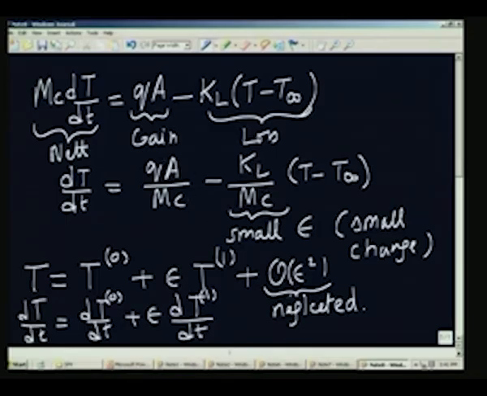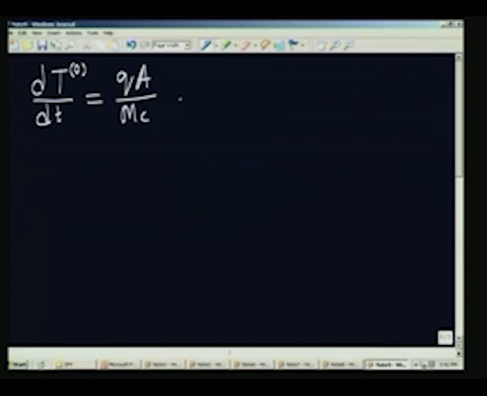So, I will go to the next sheet and write it out. You can see that dT0 by dt must be equal to qA by mc, and dT1 by dt, which is now multiplied by epsilon.